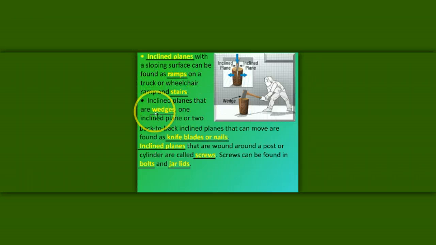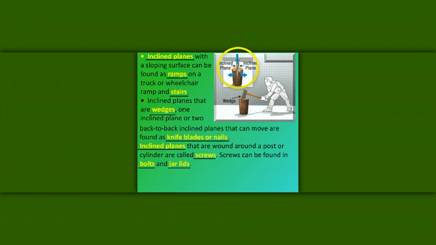Inclined planes that are wedges, one inclined plane or two back-to-back inclined planes that can move, are found as knife blades or nails. Inclined planes that are wound around a post or cylinder are called screws. Screws can be found in bolts and jar lids.